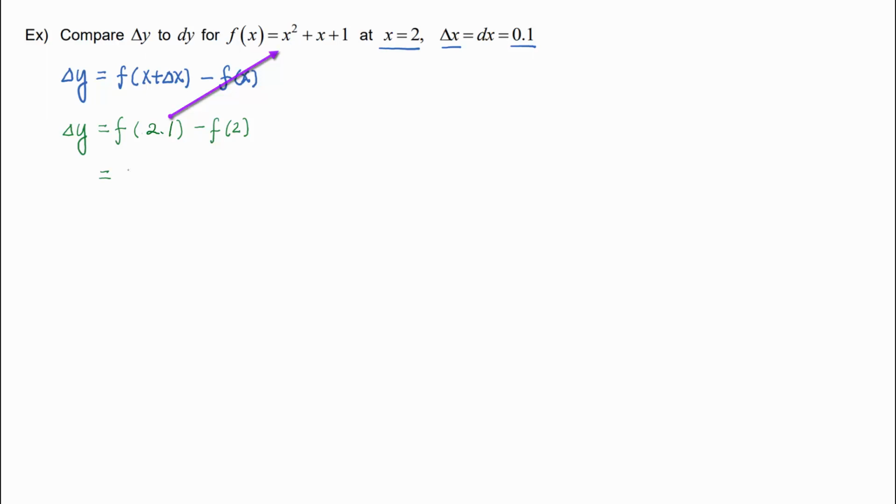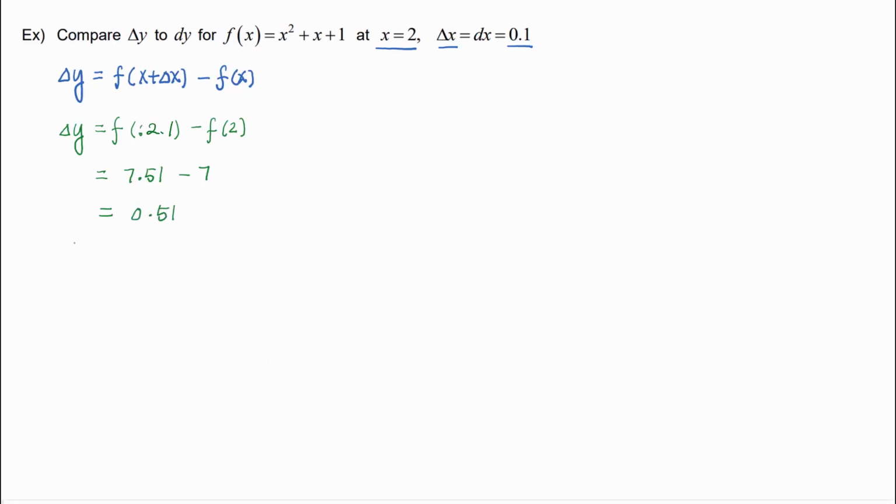When you do that, you get 7.51 minus f of 2, which is 2 squared plus 2 plus 1, which is 7. So delta y is 0.51. And remember, this is the actual change in y value from 2 to 2.1 in x.